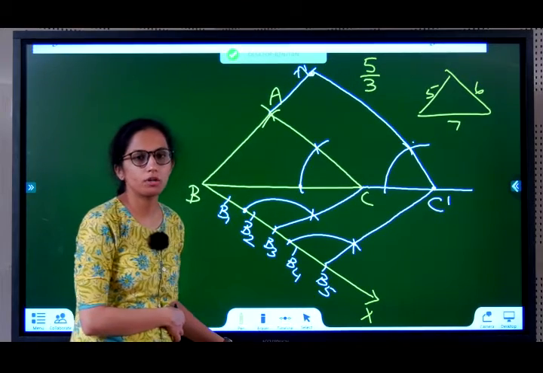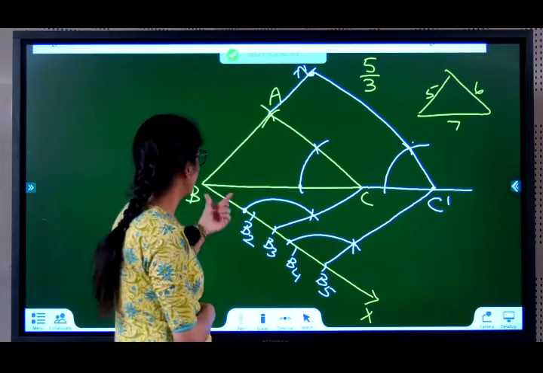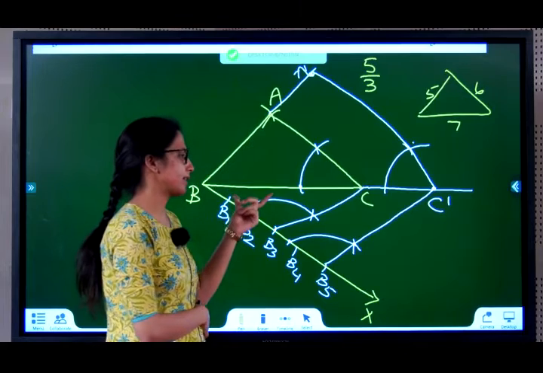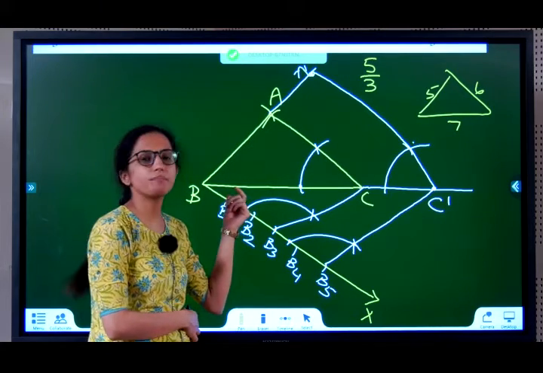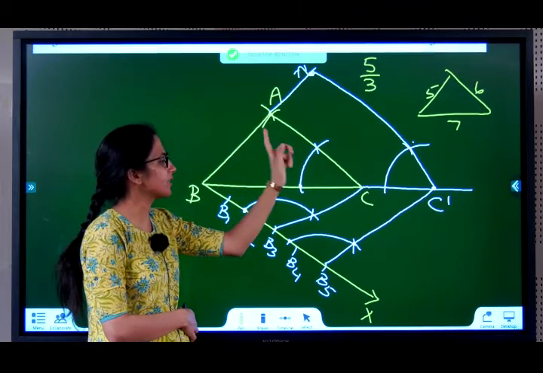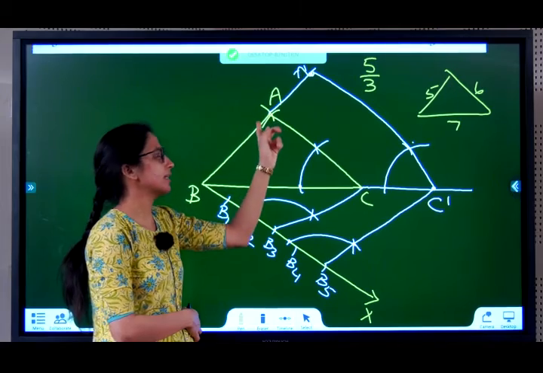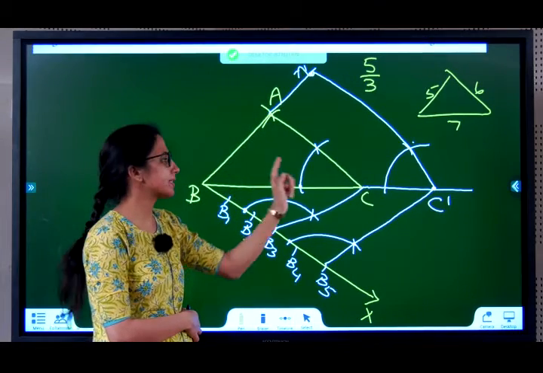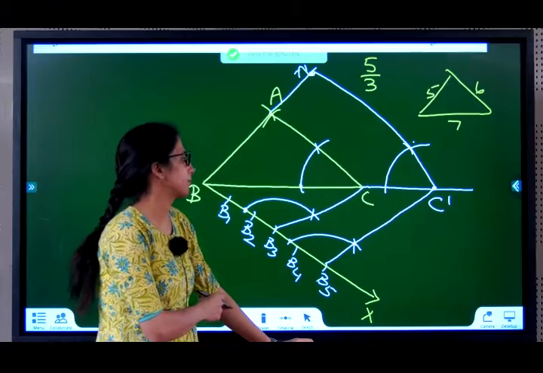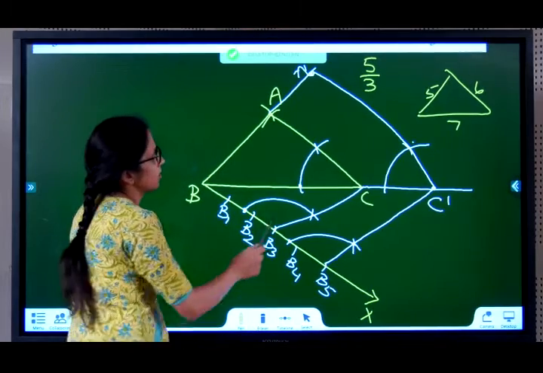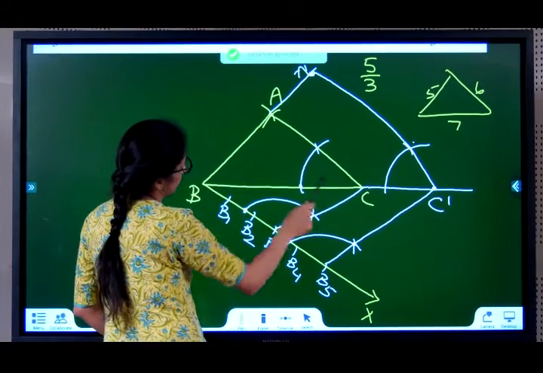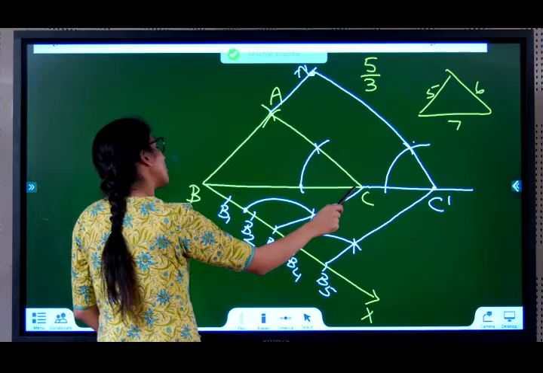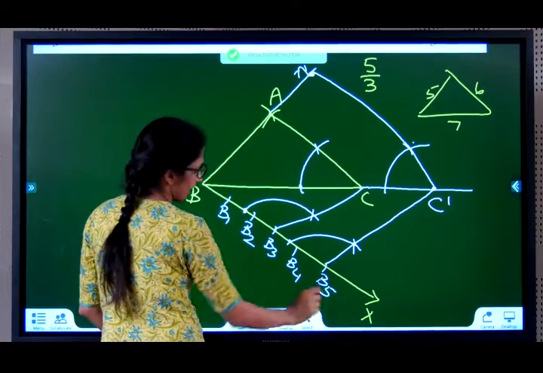Steps of construction. What will be the steps of construction? First, draw a line segment BC equal to 7 centimeters. From B, cut an arc of length 5 centimeters. From C, cut an arc of length 6 centimeters. Let the point of intersection be A. ABC is the given triangle. Next, keeping base as BC, draw an acute angle CBX.